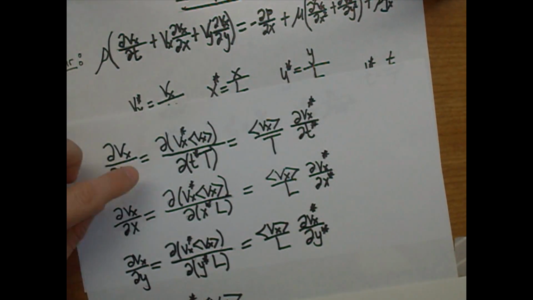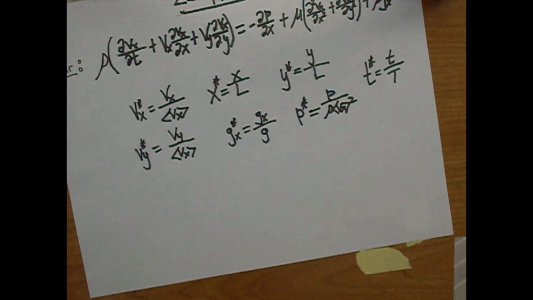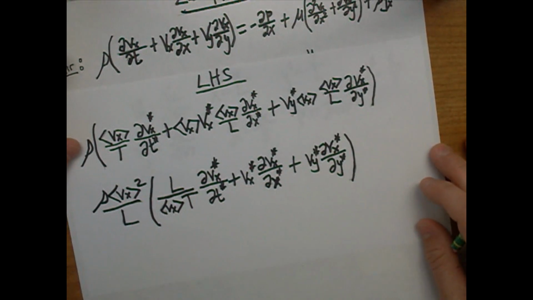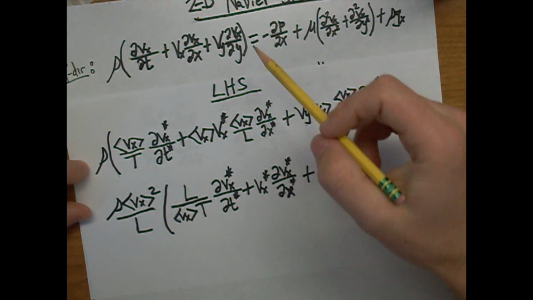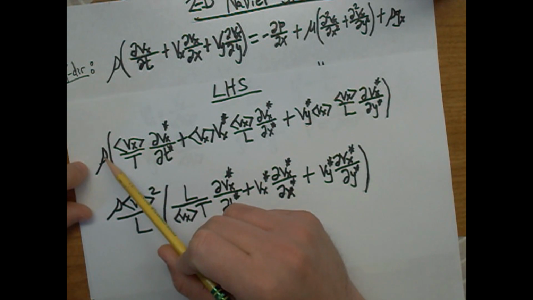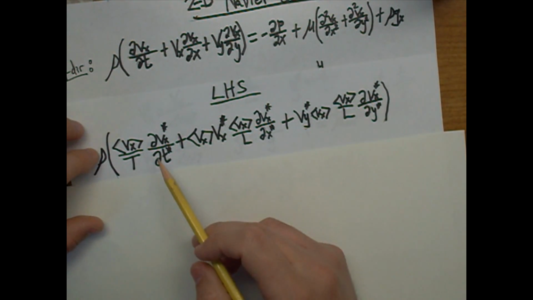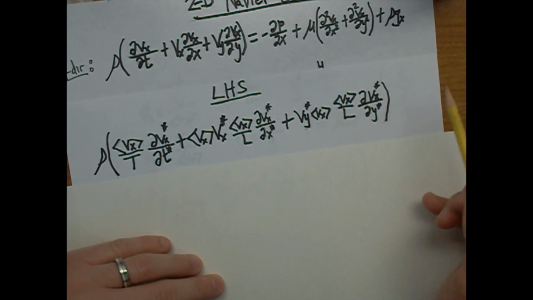So let's go ahead and put all these together and plug them in here and see what we get. So now the left-hand side of the Navier-Stokes equation non-dimensionalized is going to look like this, where we just took what we just did and plugged each one of these into the equation.